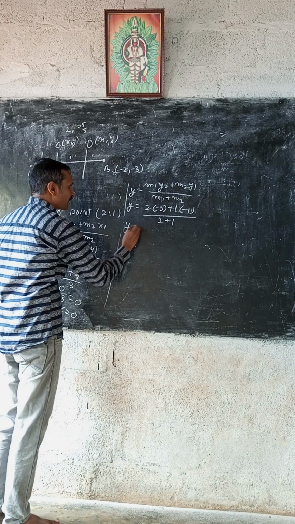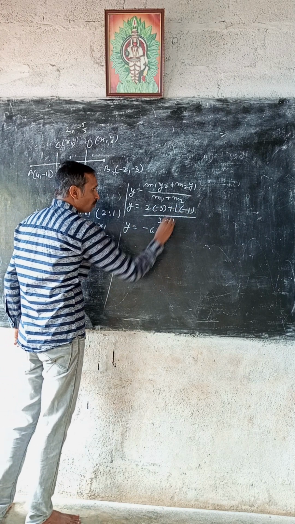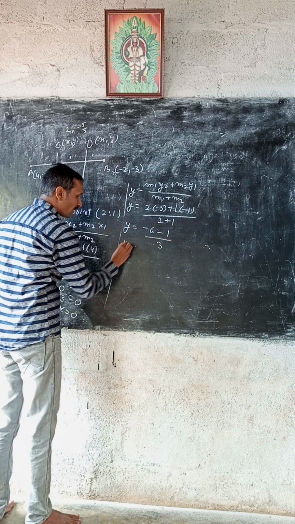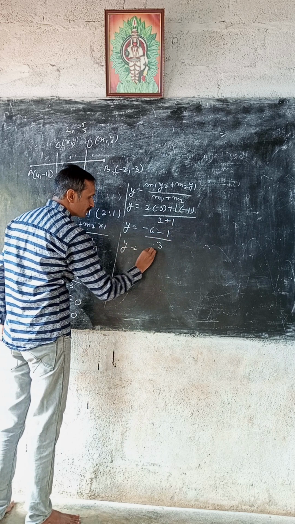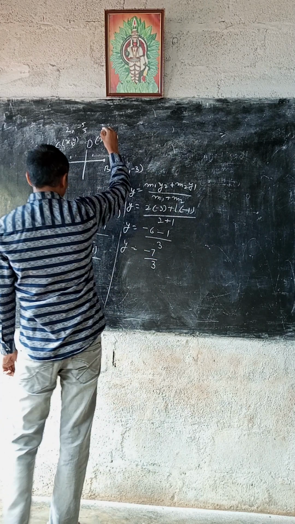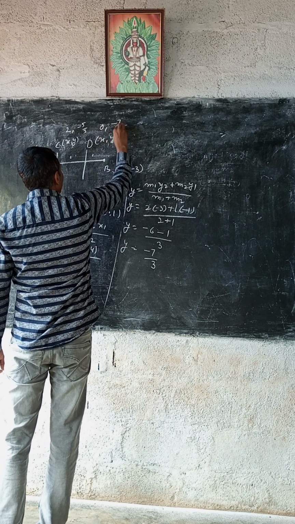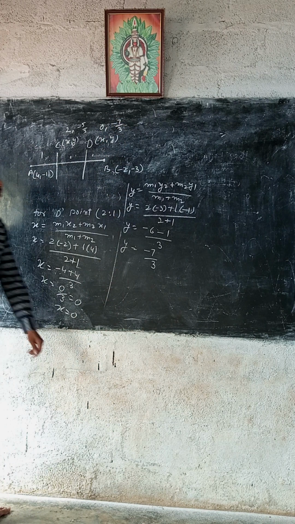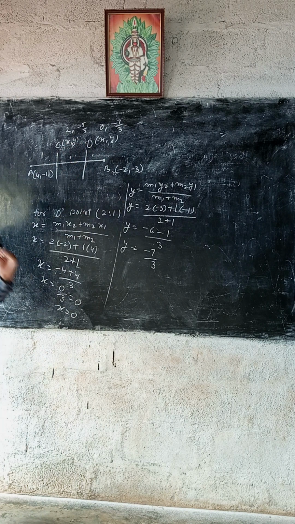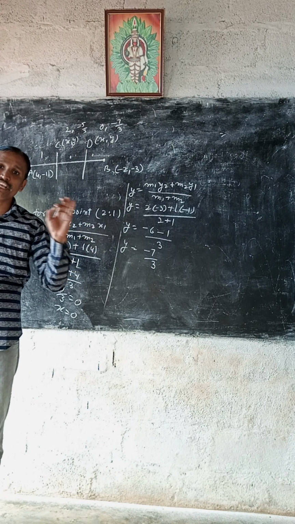Then y is equal to 2 times minus 3 is minus 6, then minus 1, divided by 2 plus 1 which is 3. Then y is equal to minus 7 by 3. Now the D point we got is 0, minus 7 by 3. These are the coordinates we got of the trisection point. Trisection means a line segment divided into 3 equal parts.